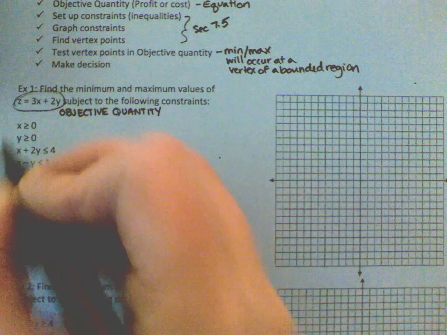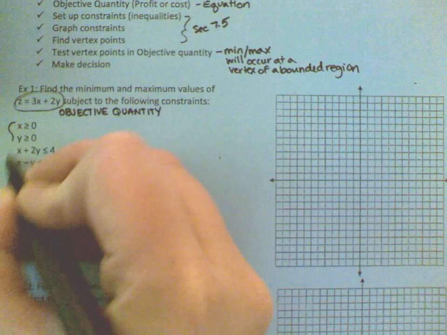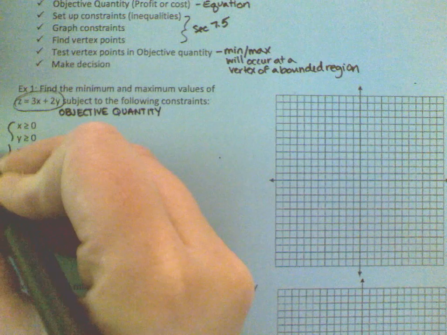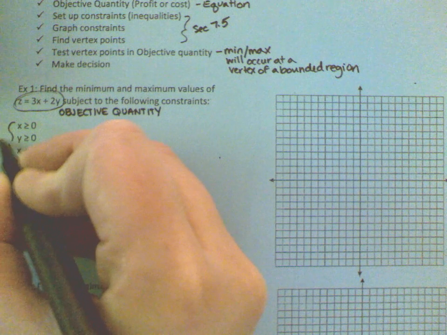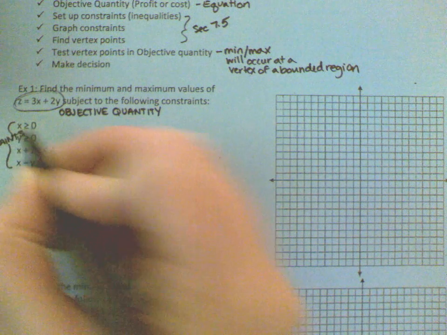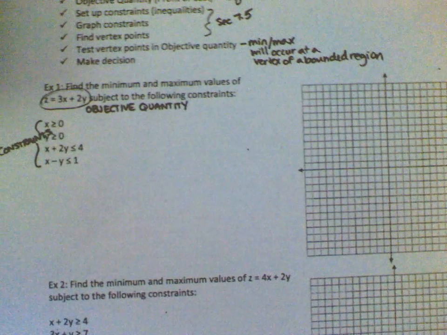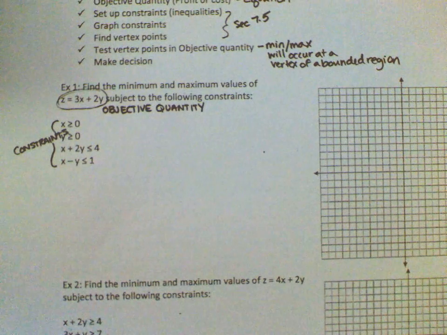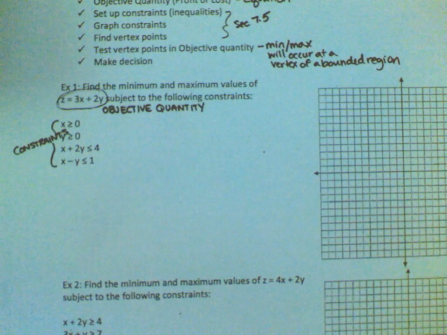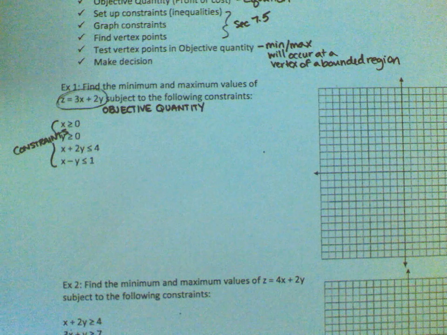These inequalities that are already done for us, so we don't have to set them up, are our constraints. So they are our limitations to the problem. These things must be true of x and y.